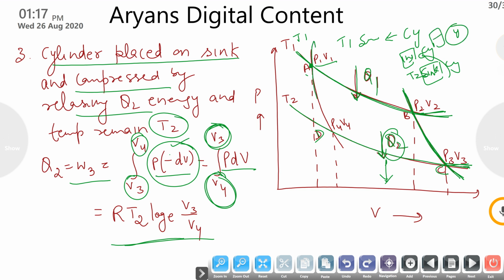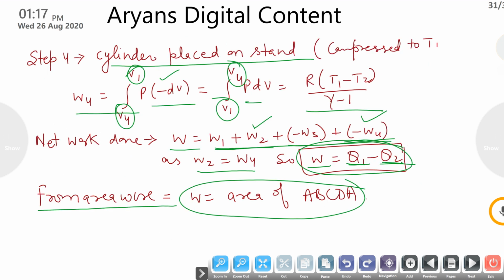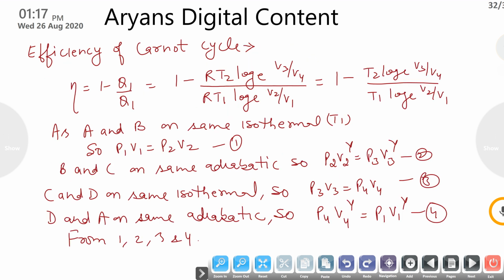So this line is your adiabatic process in which we again come to our initial position. As this is a complete cycle and we are again at our initial position, the net area will give you the amount of work done. So this area will give the amount of work done, and that is written here. Look at that, the complete area can be your work done of the complete process.